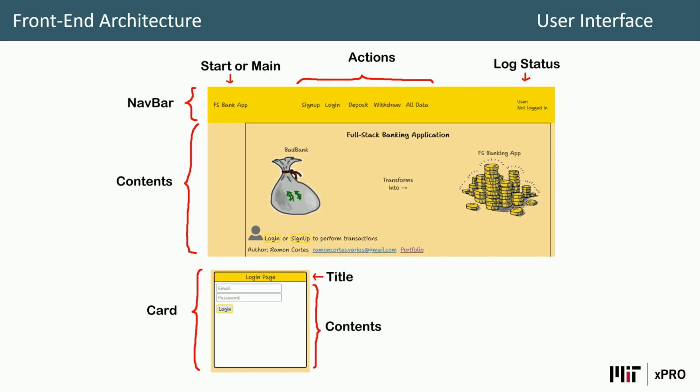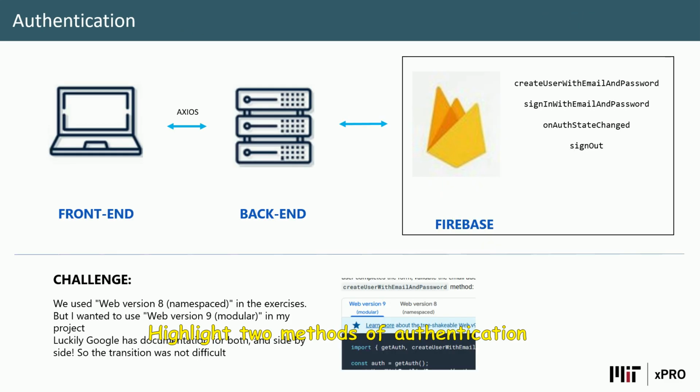Okay, now let's continue with highlight at least two methods of authentication. I did not read carefully enough the requirements here, and I noticed late in the process that two authentication methods were required. So I thought we could choose to develop one or the other.